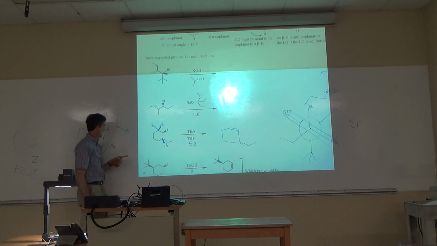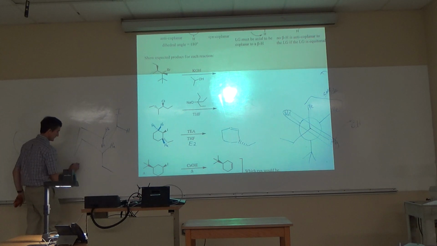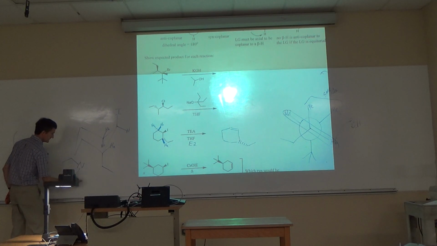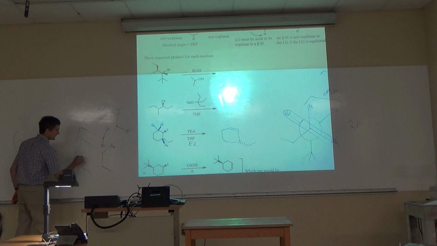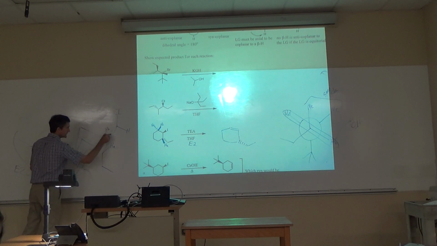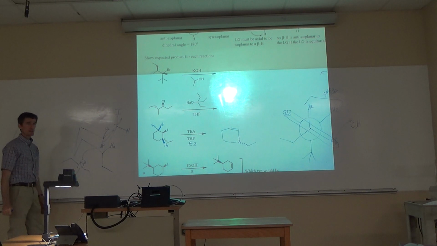Yes. This is the one. The base triethylamine takes this H, these electrons move in between there and kick off the leaving group. But when it does this, the transition state, the H that's being abstracted, the beta hydrogen, and the leaving group are anticoplanar, and that is highly preferred.